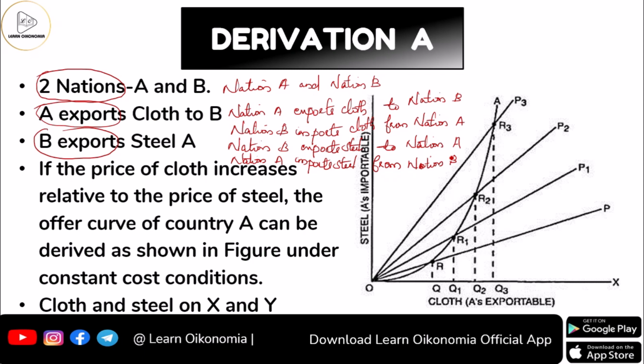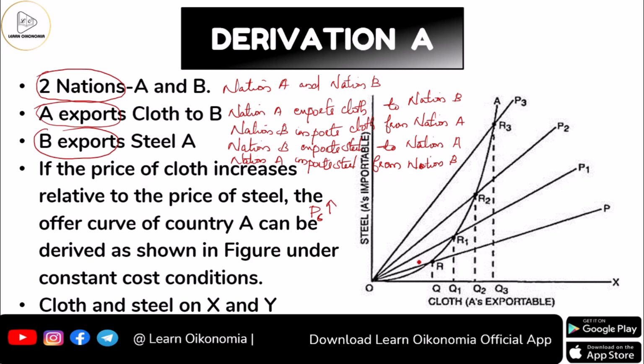Now, if the price of cloth, which we can represent as PC, increases relative to the price of steel, the offer curve of nation A can be derived as you can see in the figure.